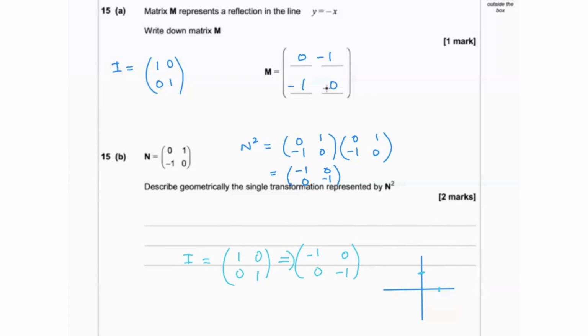So now 1, 0 is becoming negative 1, 0, so that's coming over here. And 0, 1 is becoming 0, negative 1. So this is going into this, and this is going into this. That shows that it's a rotation of 180 degrees about the center or the origin, whatever you want to call it. That's how you solve it.